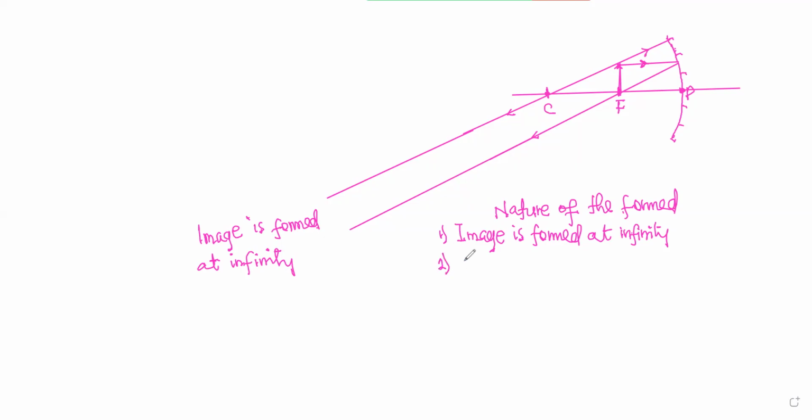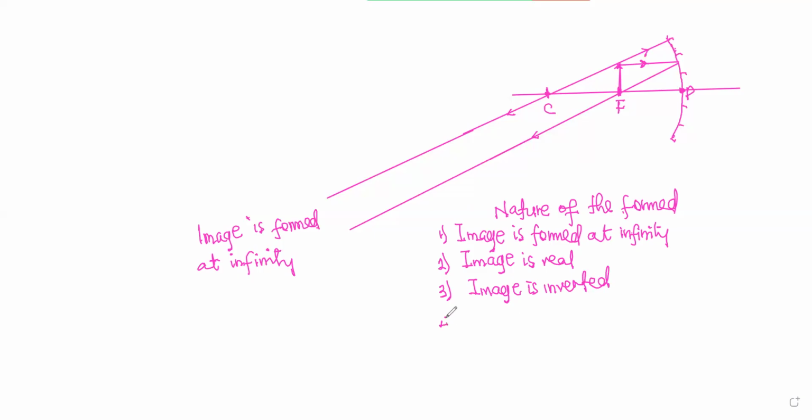Two, image formed is real. I will explain why it is real. Three, image is inverted because all real images are inverted.